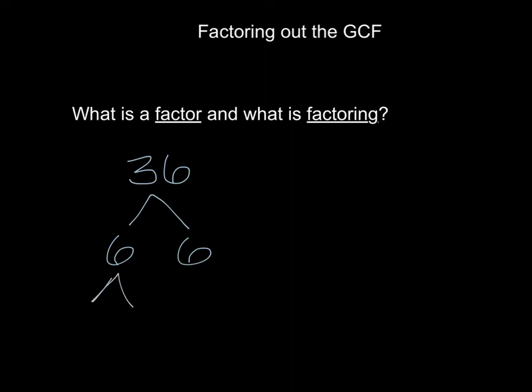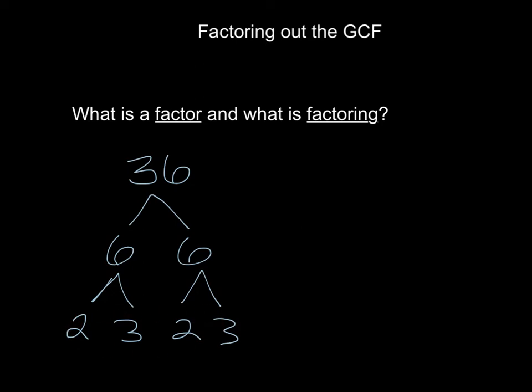And then you normally would keep going. Factors of 6 are 2 and 3. And of course this 6 would be 2 and 3. So a 2 is a factor of 36, a 3 is a factor of 36, and a 6 is a factor of 36. Now this last line here is the prime factors of 36.